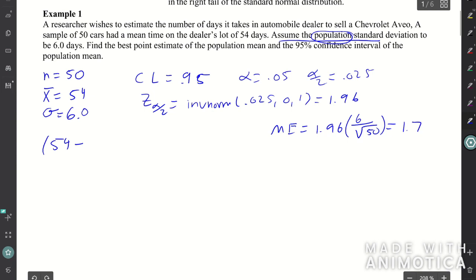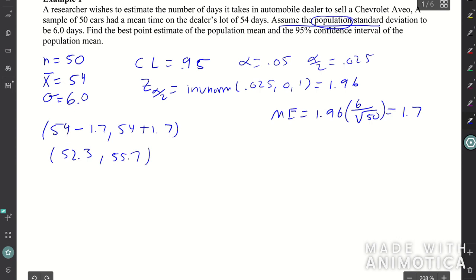So now to come back to my interval, 54 minus 1.7 and 54 plus 1.7 gives me an interval of 52.3 and 55.7.